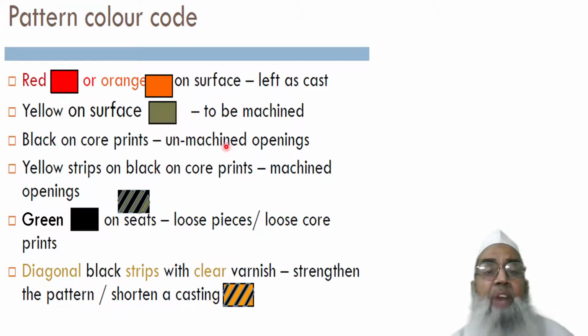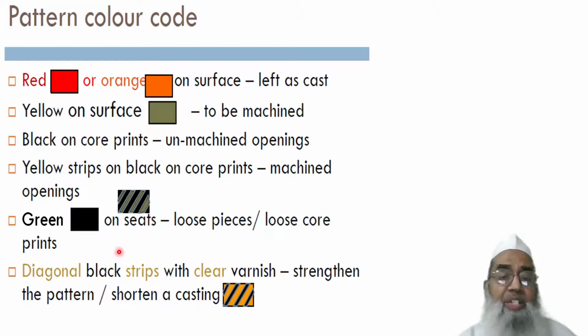Similarly, an unmachined opening, like a core print, is black. A yellow strip on a core print gives a machined opening. Green is applied on loose pieces or loose core prints, which we generally use for the core sheets.